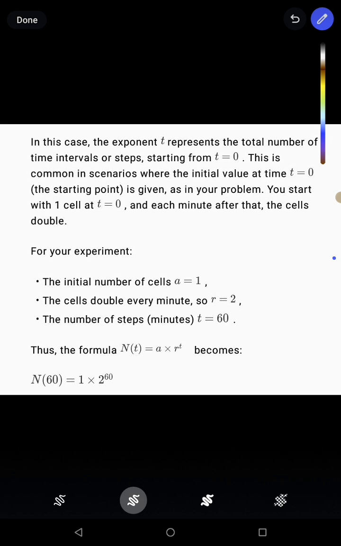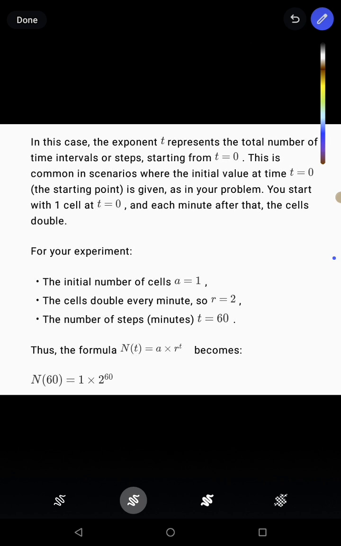And then the period, they say we want to know after 1 hour. How many minutes do you have in 1 hour? That's 60 minutes. That's our time here, t equals 60 minutes. And then someone will say, why do we use a times r raised to power t?